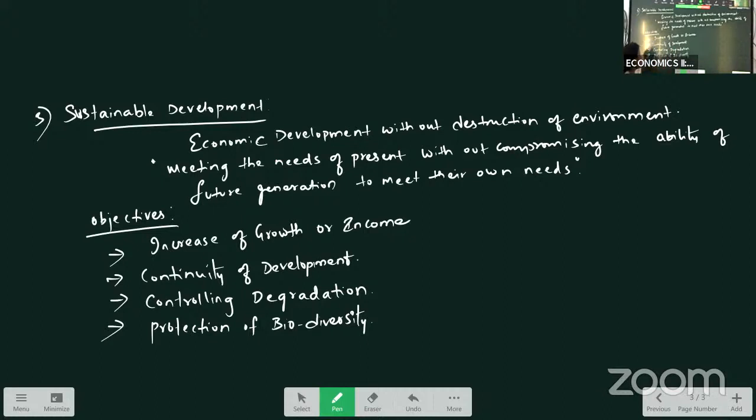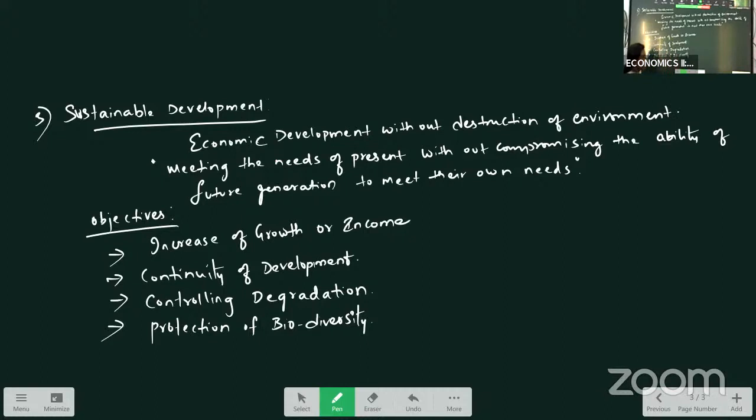And sustainable development aims at continuity of development. The resources we use from nature, the resources we use in our environment, which are helpful for our development, should not be used only for present usage, but we should use them for future use also.